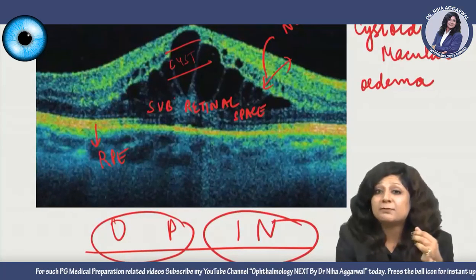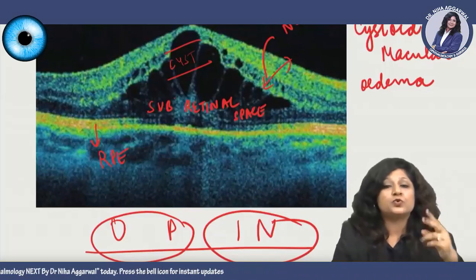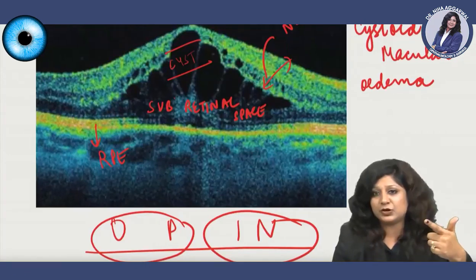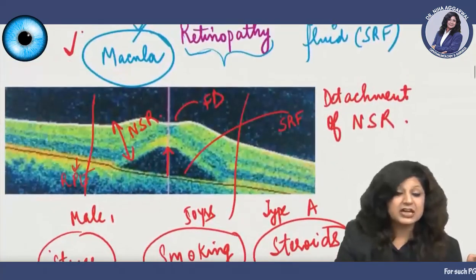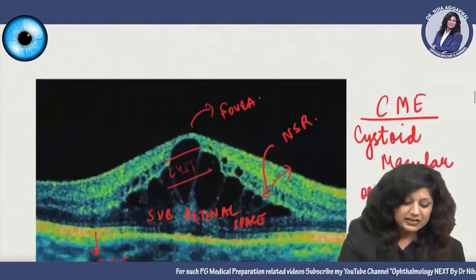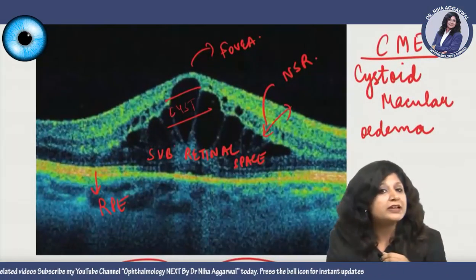So you can remember it by OPEN. Outer plexiform, inner nuclear layer. Two important layers in which you can get edema. So a person having this kind of OCT has CSR, while a person having this kind of OCT will be having CME, cystoid macular edema.